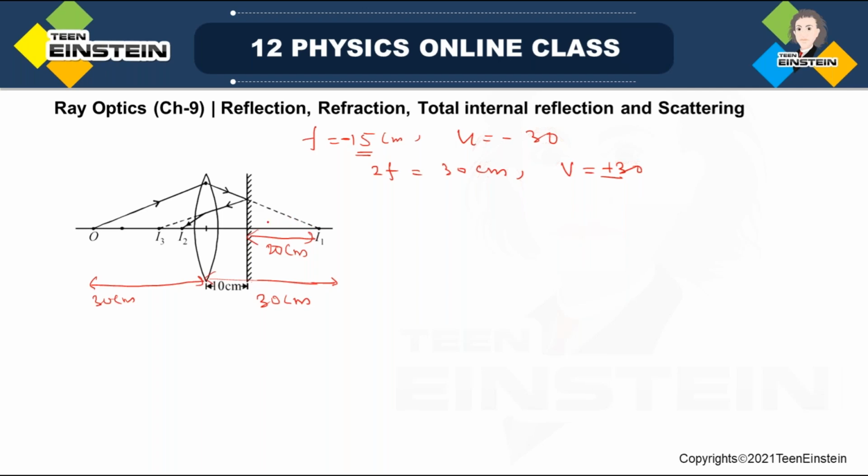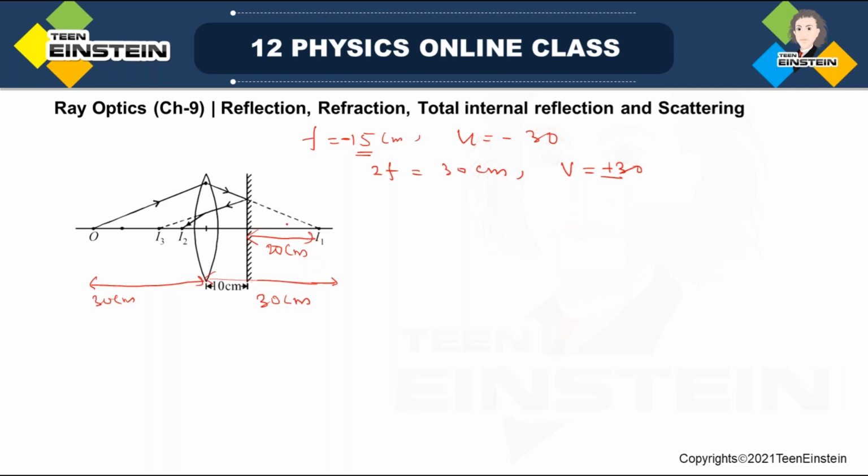Look here in this figure, I have drawn this as a dotted line. What does this mean? This means that since this mirror is there, the ray is not going to penetrate it and come up to here and then form an image. This image formed by the lens is actually not a real image.